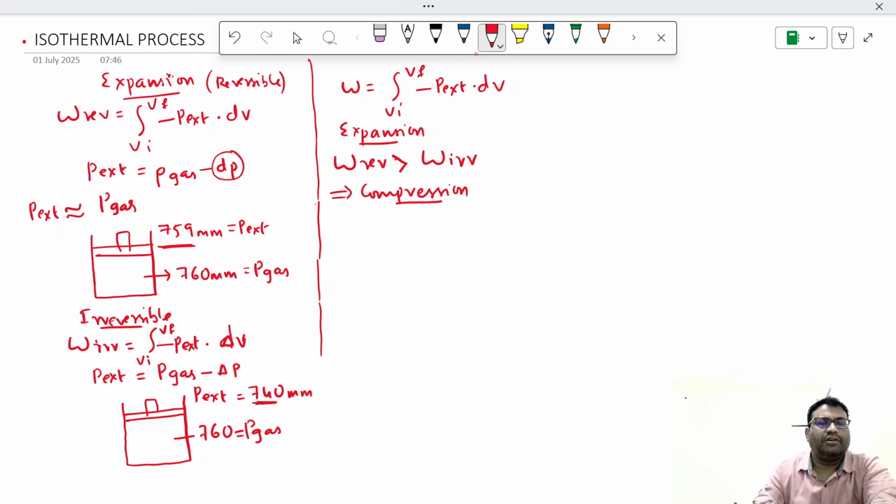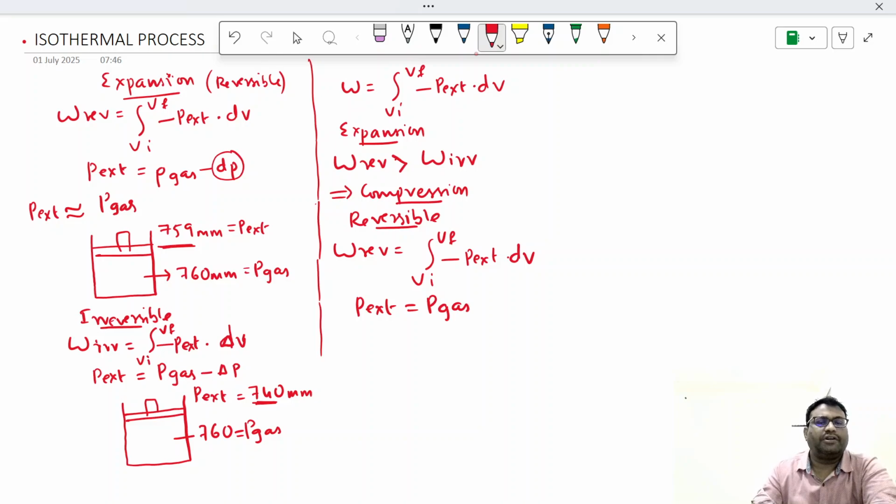Same, reversible. Let us consider a reversible process. In the reversible process again, work reversible is equal to V initial to V final minus P external into dV. Okay. During compression, P external is equal to the pressure of the gas. See, this is compression.